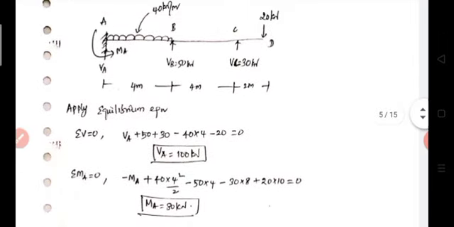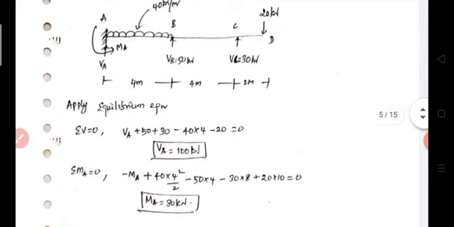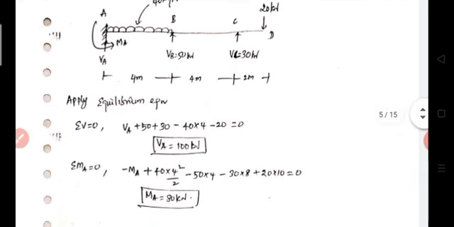Then apply the second equilibrium equation. Summation of moment about point A is equal to 0. Okay. So we consider the moment at point A in the anti-clockwise direction, so therefore minus MA. Then the UDL creates a clockwise moment about point A, so therefore plus 40 into 4 square by 2.